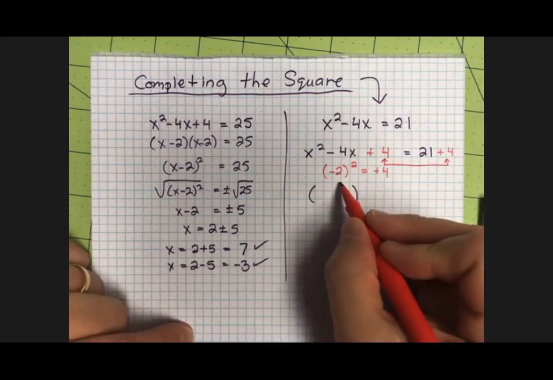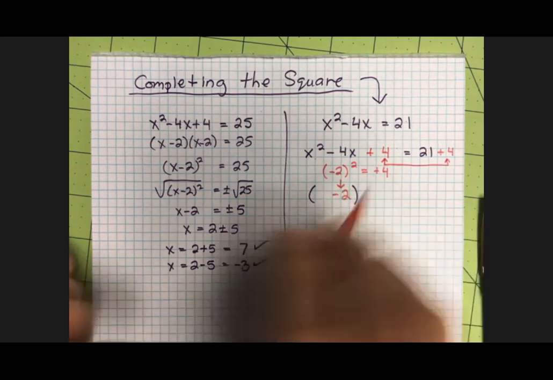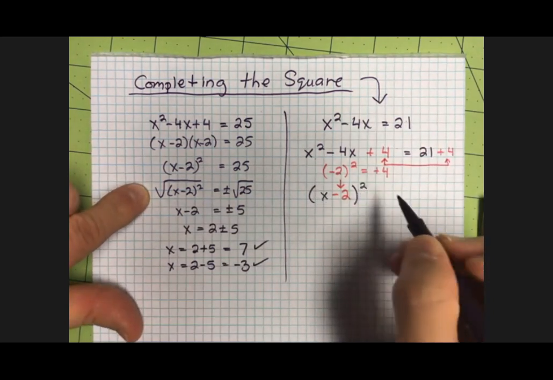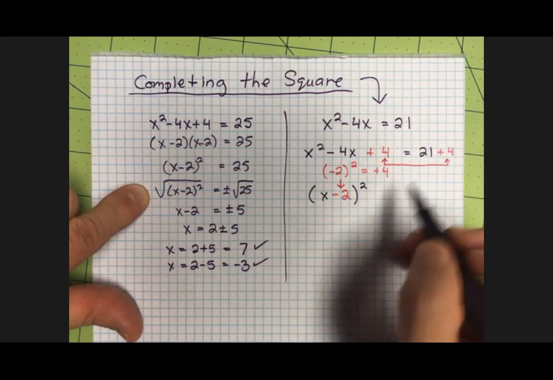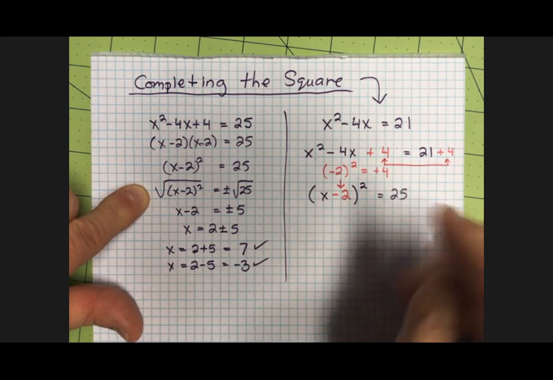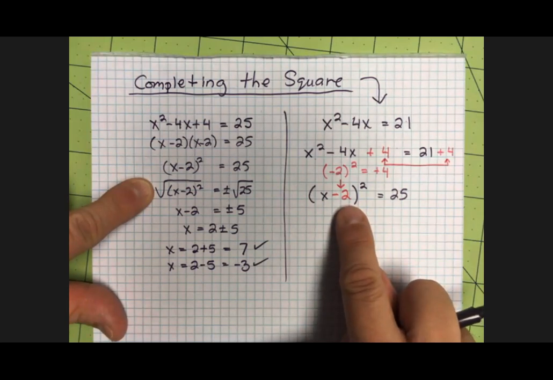That minus 2 just drops straight into the perfect square. On this side, I have to figure out what 21 plus 4 is, but that's not a big deal. And now I'm ready to finish, just like I finished the last problem with the square root property. So the square root property is the tail end of completing the square.